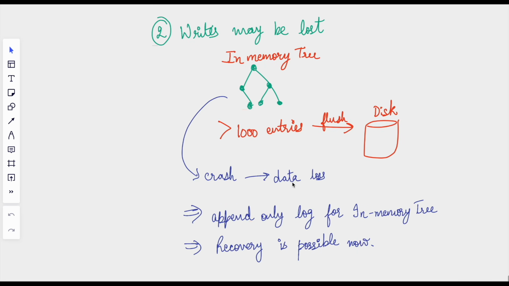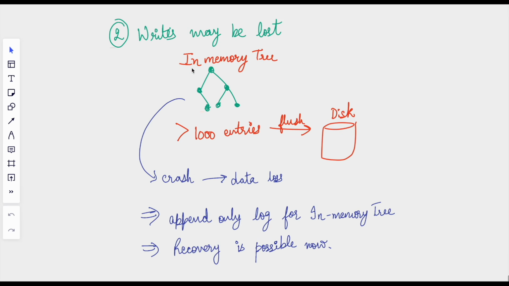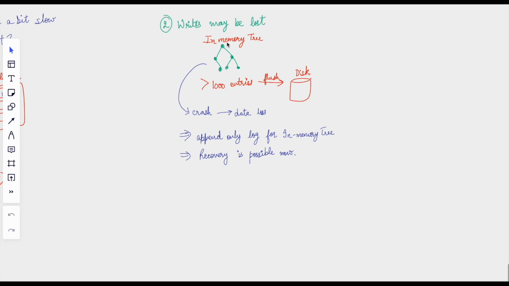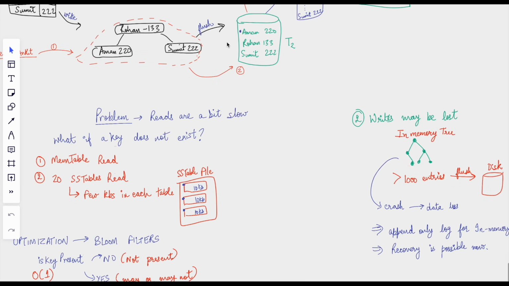To solve this, for all the keys which are in memory right now, which are not yet persisted as SS tables, you can continue to use our old strategy of append-only logs for the in-memory tree. So in this way, if there is a crash, you can use that append-only log file to recreate this in-memory tree. Okay.